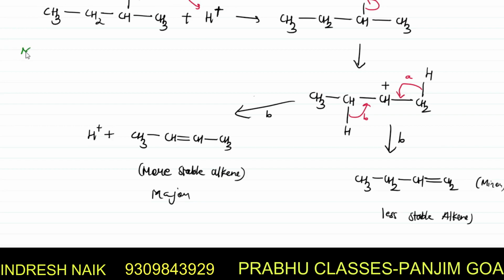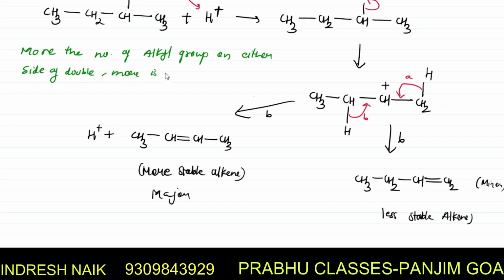The more the number of alkyl groups on either side of the double bond, the more is the stability of the alkene.